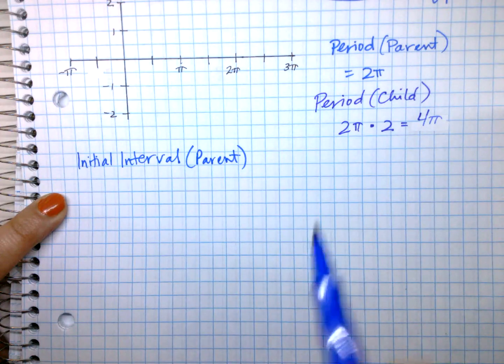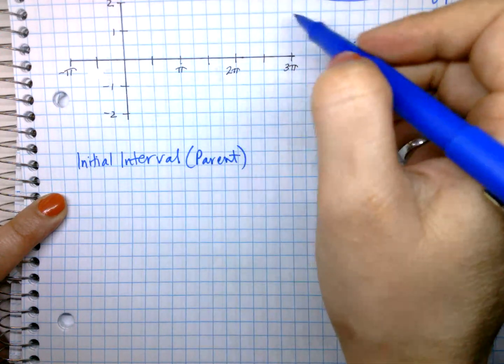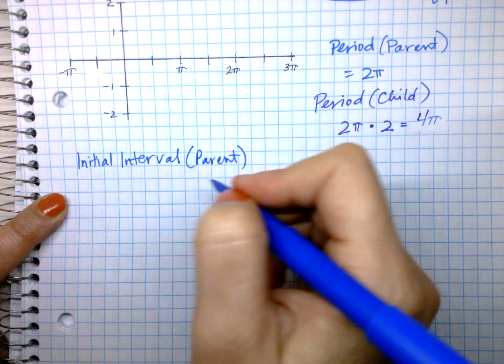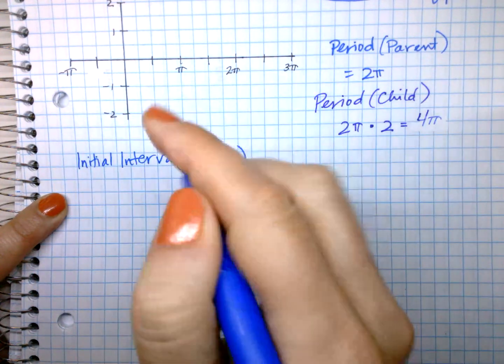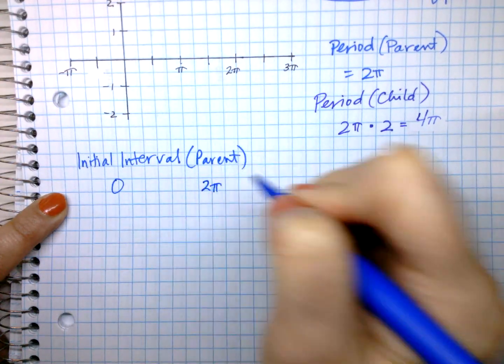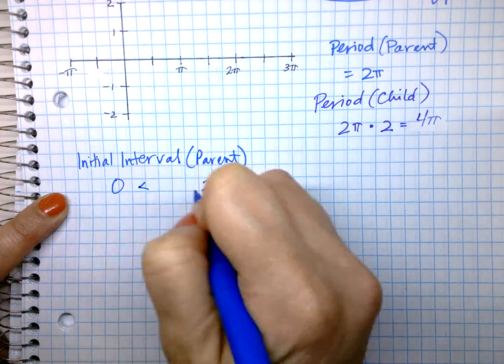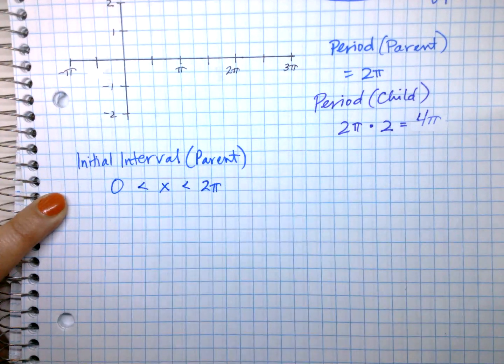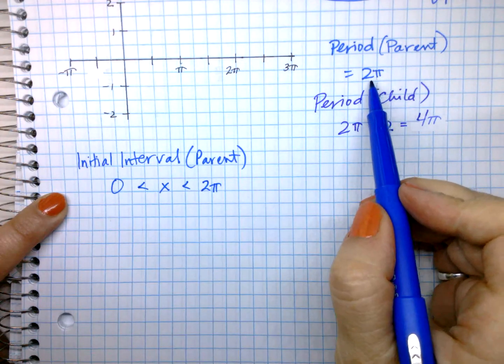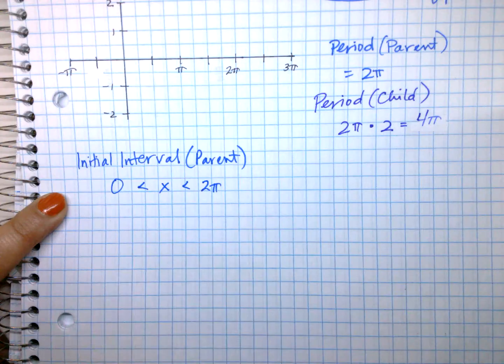Where would you draw to get the main period of the graph shown? And so for the parent function sine of x, that happens between 0 and 2 pi. If you graph all the x values between 0 and 2 pi, then you'll get a full picture of what the full cycle of the graph looks like. And again, that's related to the period. The period was 2 pi, so if you go from 0 to 2 pi, that's the full initial interval.